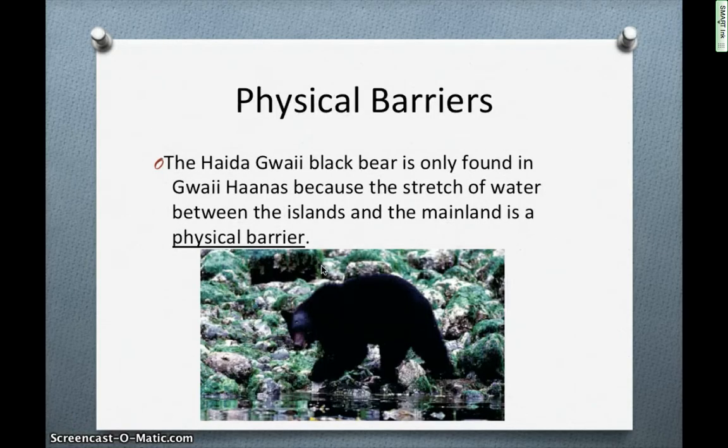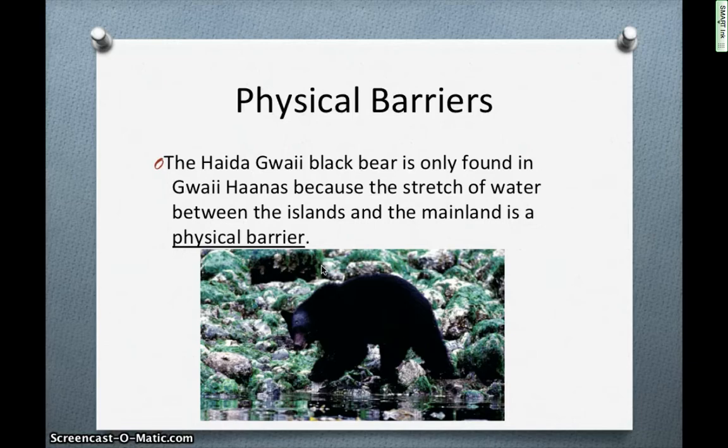So let's get into what each of these is and give an example. Physical barriers is anything physically there that would prevent an organism or an animal to be able to do what it needs to. For example, there's a black bear that lives in a tropical environment, and because of a stretch of water between certain islands, the mainland is actually a physical barrier.